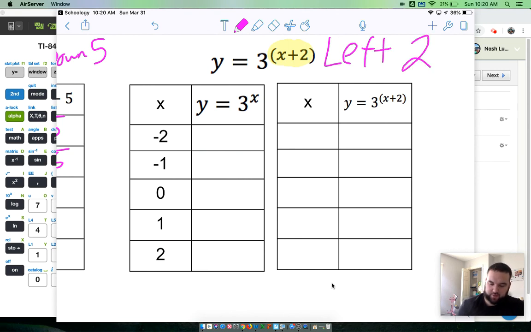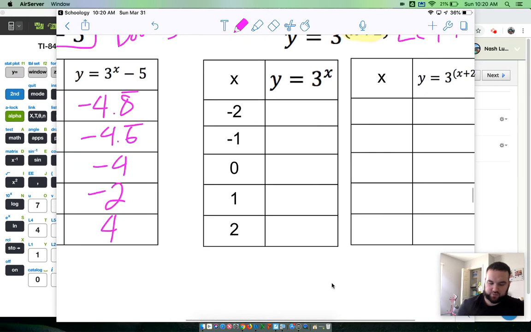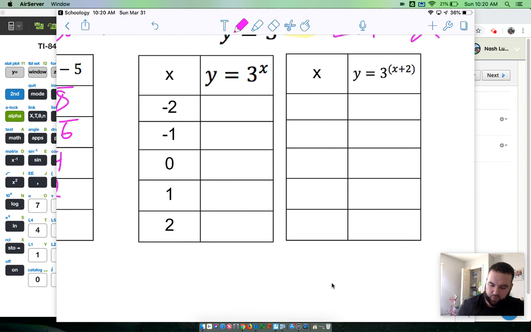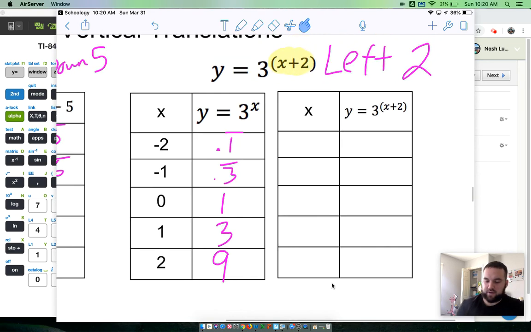So if I take my parent function, which is just 3 to the x, right, same parent function as before, so I take those same starting points of 0.1, 0.3, 1, 3, and 9. Okay. I know if I move left 2, this is the only time that I'm changing the x coordinate.